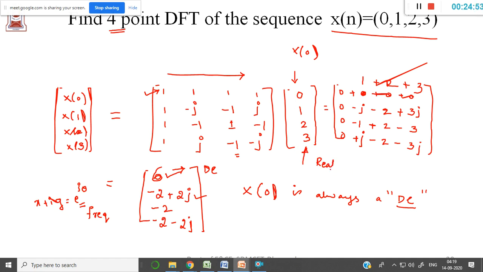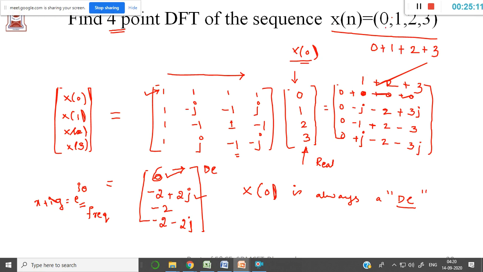There will be no imaginary value itself. So obviously the first sequence is nothing but multiplication with 1. Therefore the first sequence will always be the sum of your input signal.